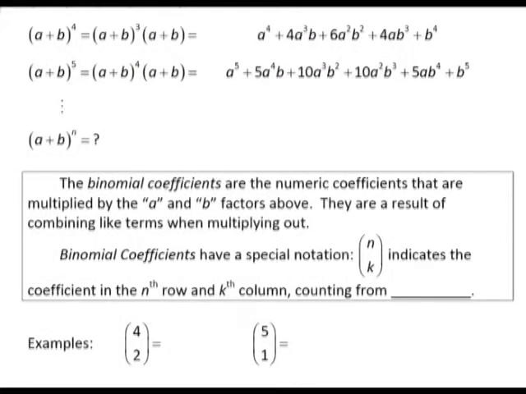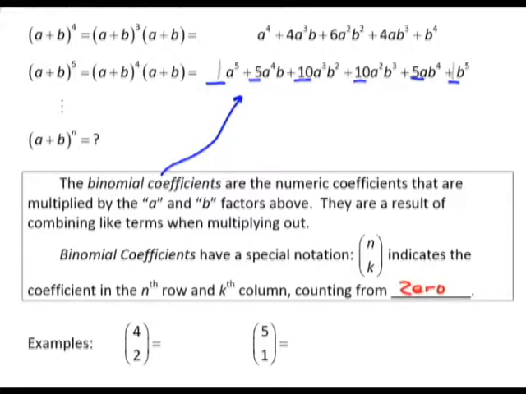A word about vocabulary. The binomial coefficients are the numbers that appear before the variable terms. We're going to use a special notation for the binomial coefficients, and we're going to count them starting at 0.